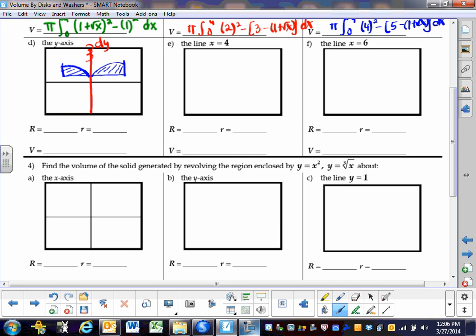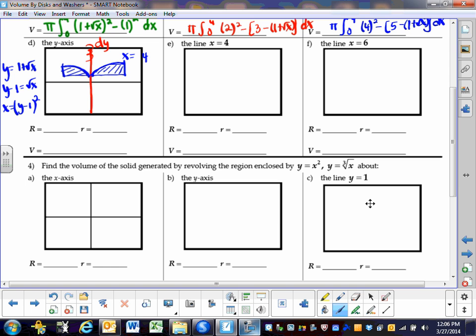So we have x equals 4 for the original shape, and we had y equals 1 plus root x. So then y minus 1 equals root x, and x is going to be y minus 1 all squared. So now the curved part has to be in terms of y.